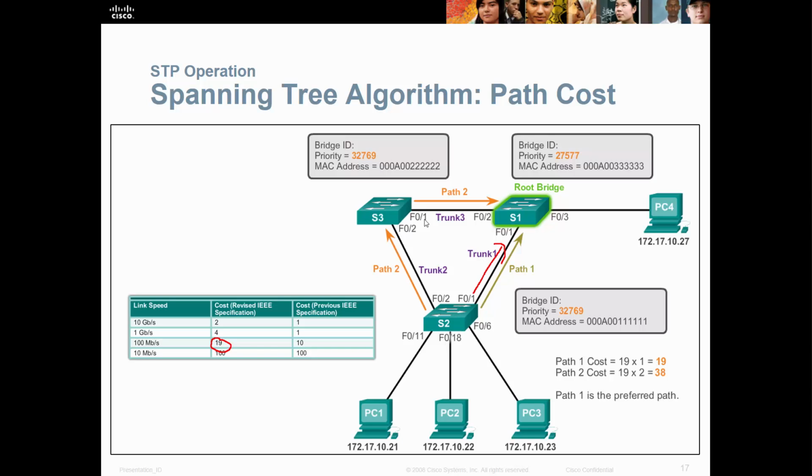So if we want to go the other route, this route, we have 2 links at a cost of 19, that becomes 38. So this path is the longest path, thus one of these links should be shut down. That way, we can use the shortest path. Happens to be the path between switch 2 and switch 1, so that one will be good.